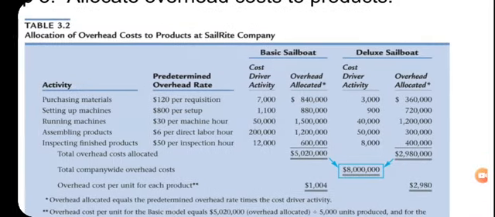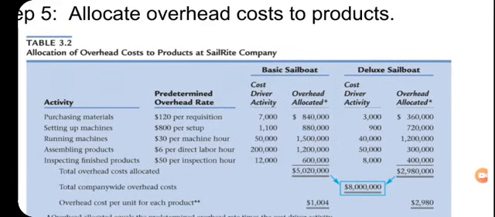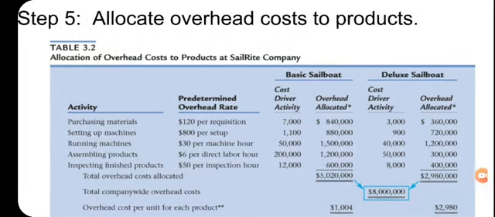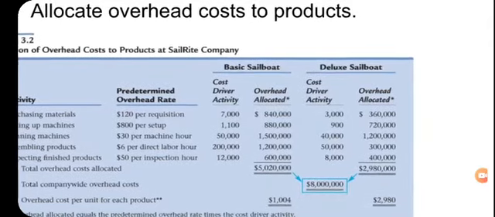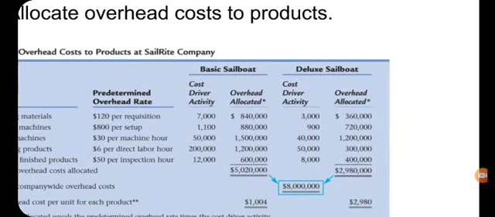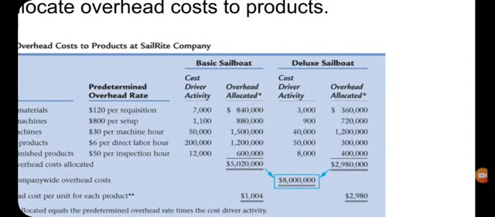So here, there are two products, basic sailboat and the deluxe sailboat. You have calculated the predetermined overhead rate here: 120 per requisition, 800 per setup, $30 per machine hour, $6 per direct labor hour, and $50 per inspection hour. So for the basic sailboat, the cost driver for the first activity is 7,000 requisitions.